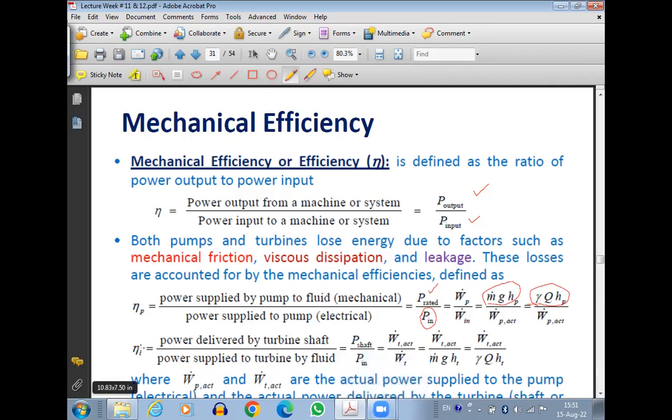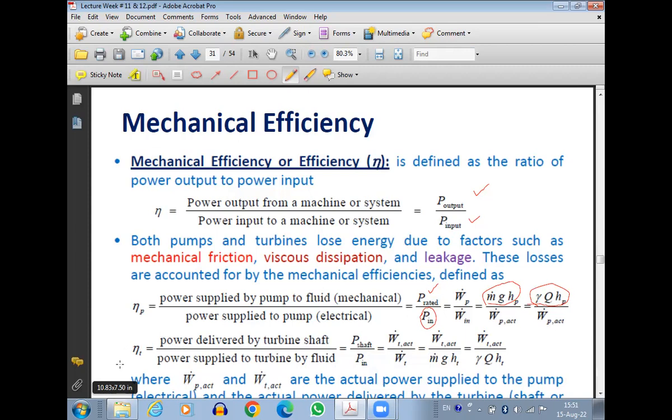Let's talk about the turbine. In the case of the turbine, it's opposite. As I told you before, the turbine is basically opposite to the pump. In a pump, you supply electrical energy to raise the fluid power. In the case of a turbine, we have fluid power available, and then we connect it to a turbine. So the fluid power is going to run the turbine, and that turbine will be connected to the generator, which will produce electricity. So in the case of the turbine, the power input is the fluid power, not the power output.